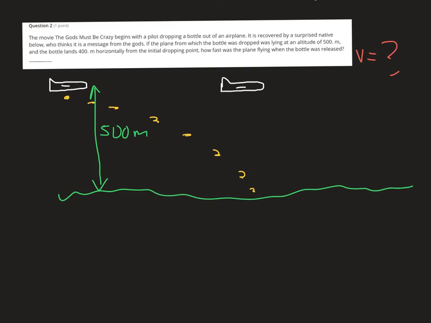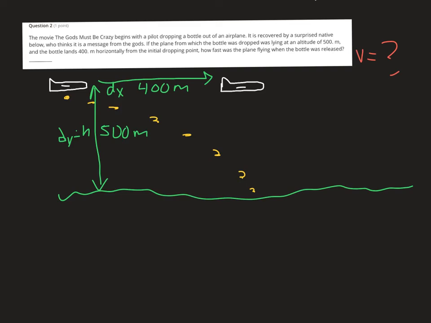There's a curved path, so we cannot use the Pythagorean theorem. A lot of people would love to use the Pythagorean theorem, but we cannot. So the distance in the y is also known as h. We also have that it traveled 400 meters in the x direction.